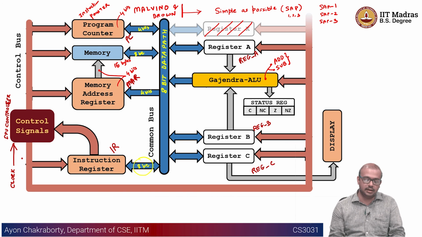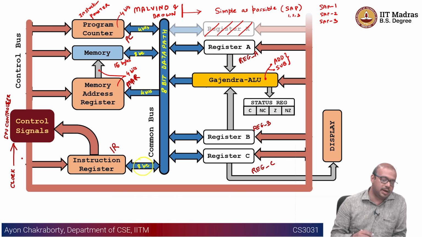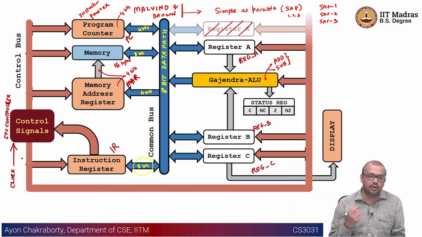This is a serial thing, and it's going to consist of multiple clock cycles to execute an instruction. Okay, you can call it a multi-cycle CPU, where clock is provided to the control signal, and with the edge trigger of the clock, every edge trigger of the clock, a control word is issued, right?